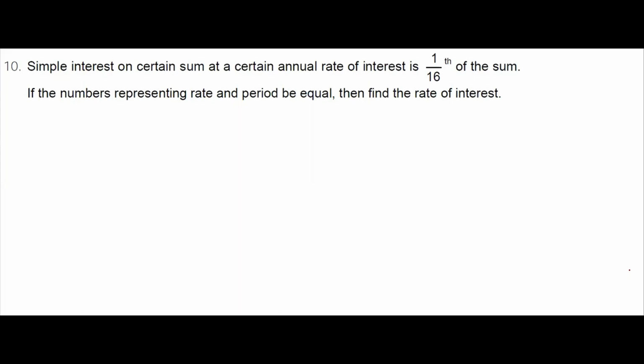So the next question: on a certain sum at an annual rate, the simple interest is 1/6 of the sum. This means that my simple interest is equal to 1/16 of the sum.